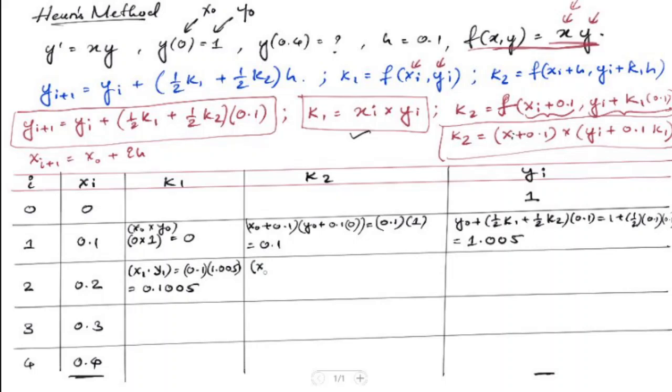Okay, now to calculate k2 for y2, we'll have x1 plus 0.1 times y1 plus 0.1 times k1. So k1 here is 0.1005.